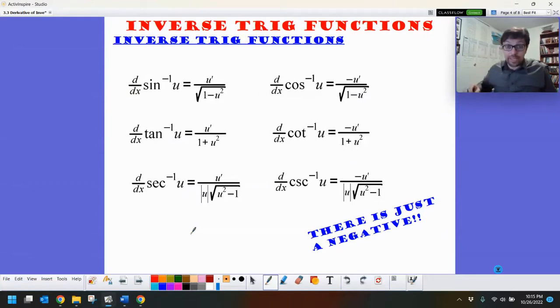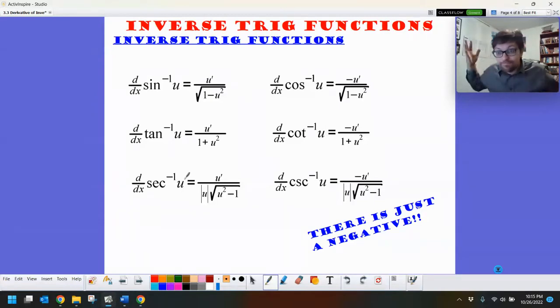What is this? These are gross. Sorry. So trig functions inverses, their derivatives are these big nasty things. I will tell you right now that these two will occasionally show up. Not a lot, but they will occasionally show up. These are very rare, the derivative of inverse tangent and inverse cotangent.